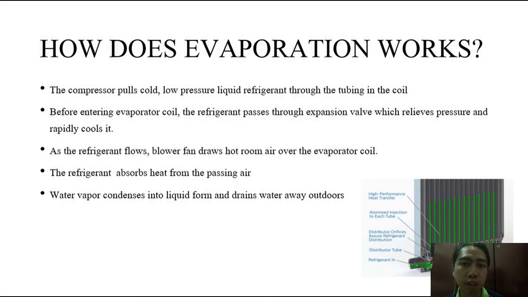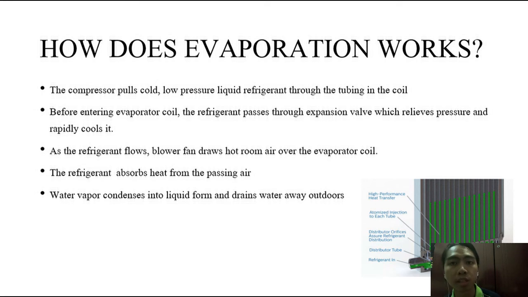More advanced expansion valves, such as the thermostatic expansion valve, also known as TXV, can automatically control the flow to improve the system's overall energy efficiency. As the refrigerant flows, the blower fan draws hot room air over the evaporator coil.